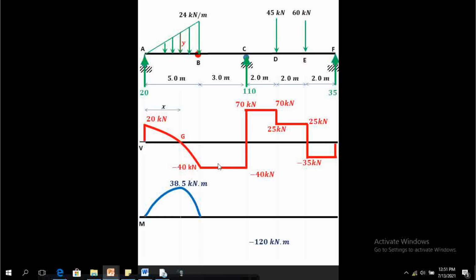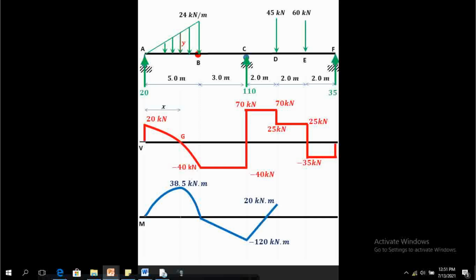Negative siya kasi nasa baba. So, since dito, straight line siya, pagdating kay moment diagram, magiging diagonal line. Then, the area between C to D is 70 times 2, that is 140. Negative 120 plus 140 is positive 20. That is now a diagonal line ulit.